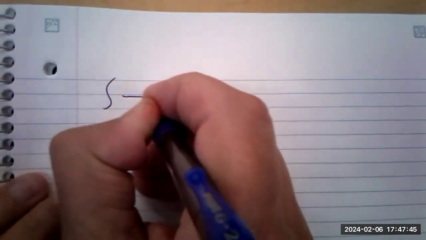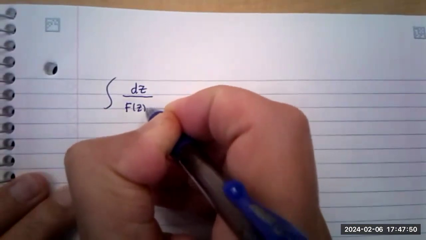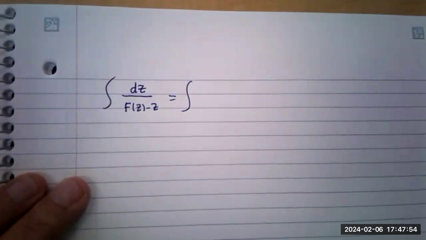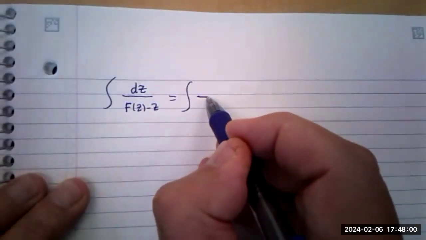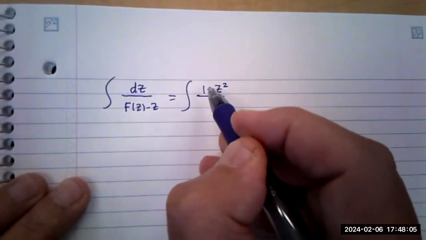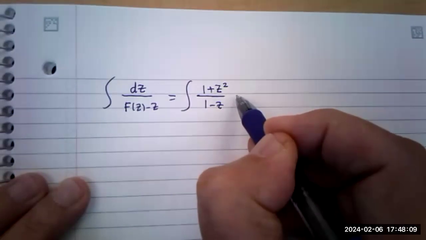Okay, so the next step is how we're going to find the integral of dz over f of z minus z, which is 1 over f of z minus z. We already simplified it.